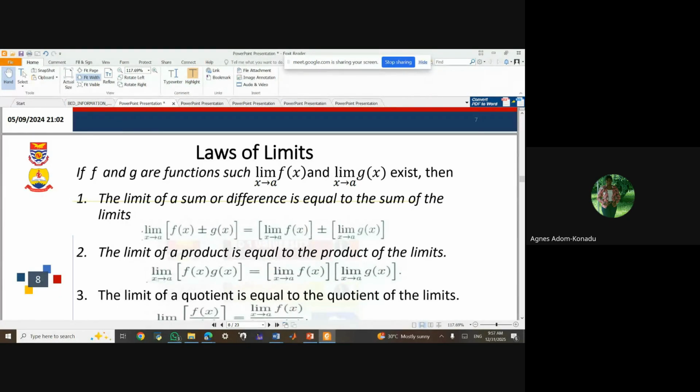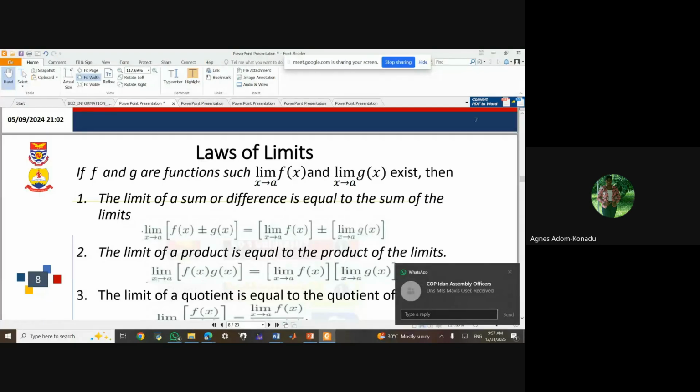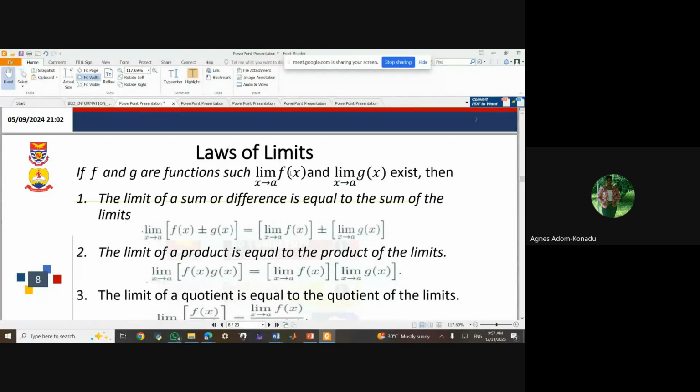Laws of limits. If f and g are functions such that the limit as s approaches a of f of s and the limit as s approaches a of g of s exist, then we have the following laws.